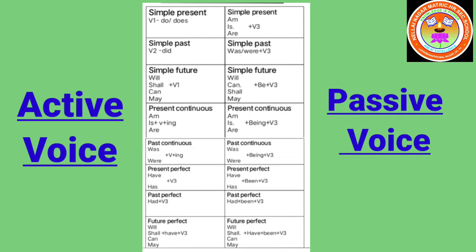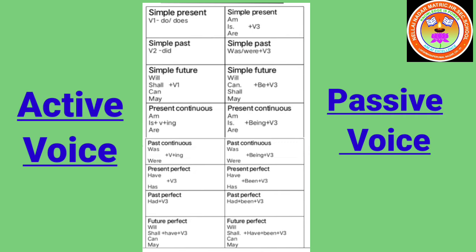Am, is, are will represent present tense. V3 denotes importance. So we will get the present tense and also the given importance verb.